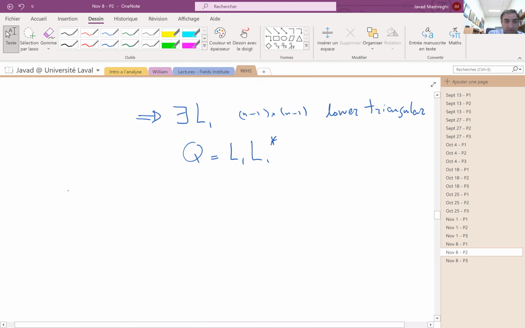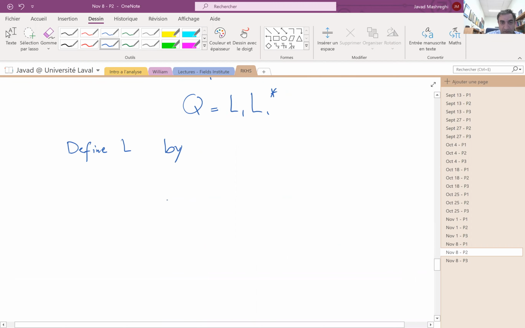So define L by this formula. Instead of writing the formula, I do it as a diagram. You understand what I mean? So here, 0, first row, first column also equal to 0.